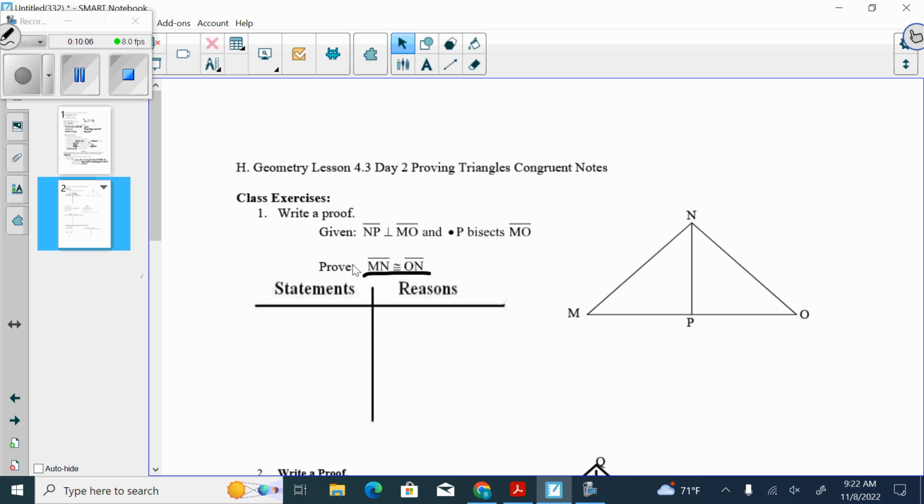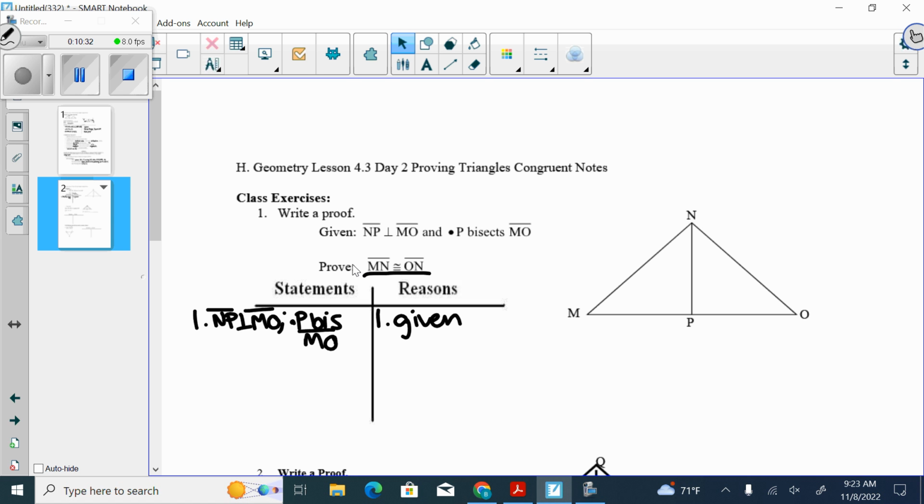So what am I going to start my proof with? Okay, so I have that NP is perpendicular to MO, and that point P bisects MO. And my reason is given.